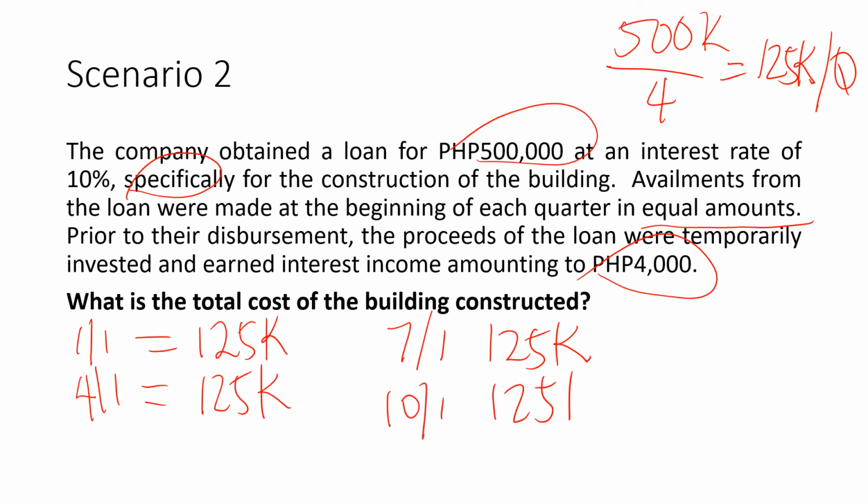So, if we add this for 125,000, that will total 500,000. If that is the case, we just need to compute for the interest expense for this period. Para ma-compute natin yung interest expense, kasi interest expense yan yung magiging borrowing cost na i-charge natin doon sa building for specific borrowings. Take note, this is specific.